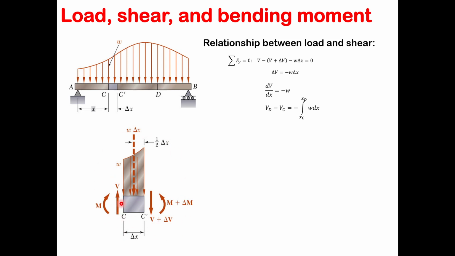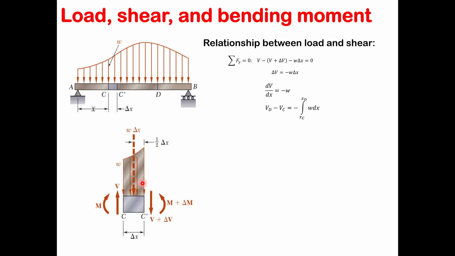Which means that your V and V plus delta V are in two different directions, so V minus V plus delta V minus the other force in that direction, which is W multiplied by delta X. So again, important, W is force per unit length, so you have to multiply it by your unit length to get the area covered here. Okay, so that must be equal to 0, which means that delta V is equal to negative W delta X. That's your shear force, right?